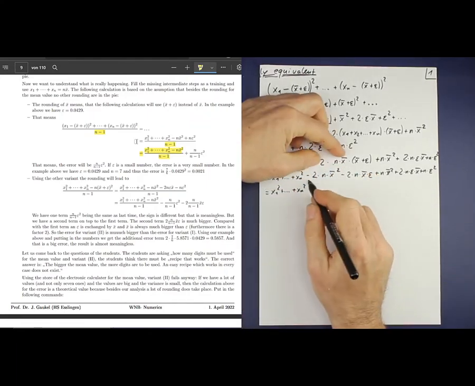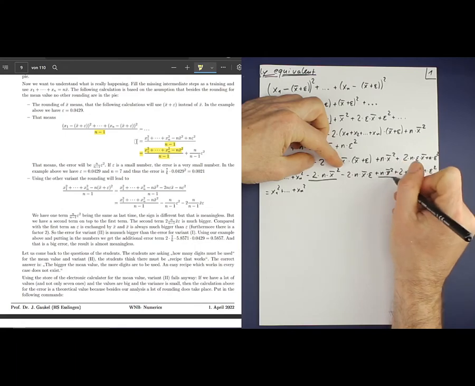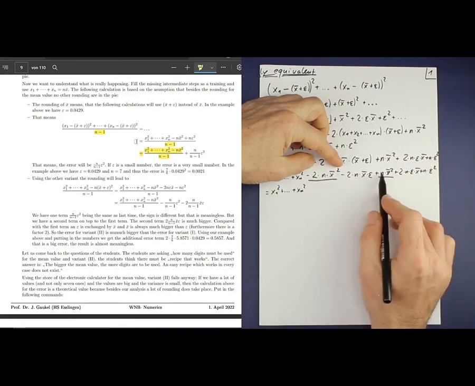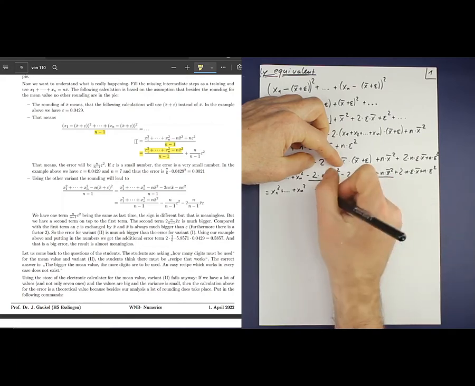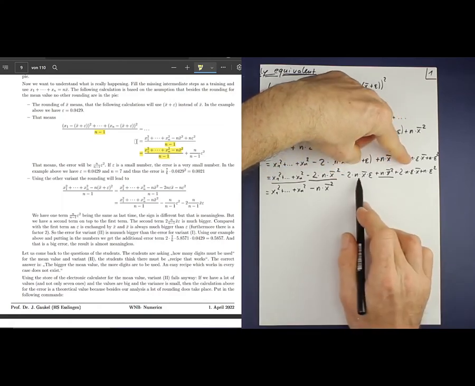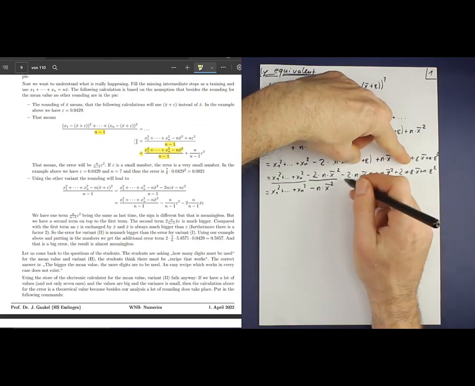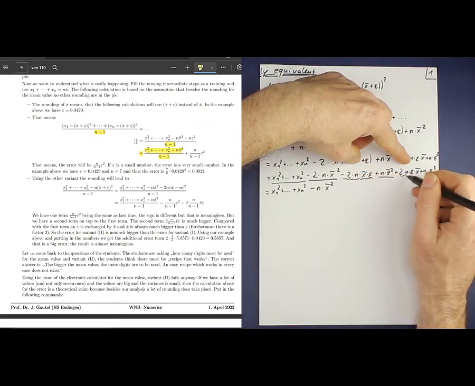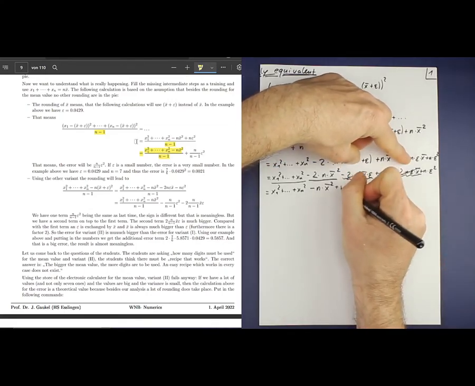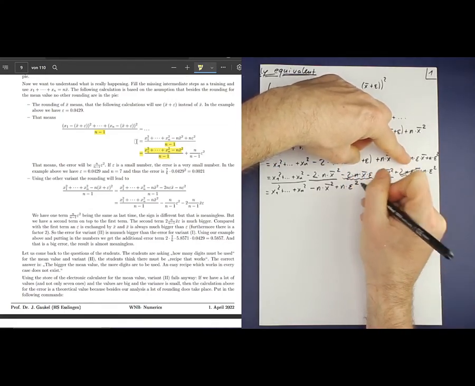And now we have that plus that minus 2 times this plus 1 times this, so we get minus n times. And what do we have here? Here we have this minus and this plus, so this completely cancels out, plus n times epsilon squared.